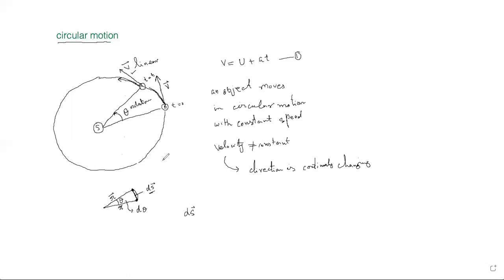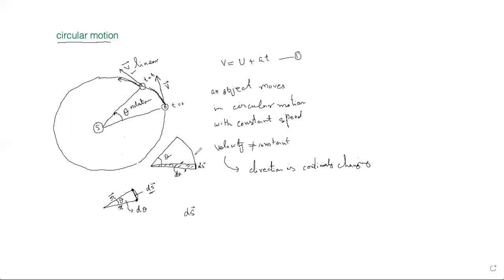If this triangle is like this, and this is a curved path, a sector, and we consider a very, very small angle, just d theta, then this is just a straight line, which we can consider as delta S. This triangle is isosceles because this side is the radius and this side is also the radius.